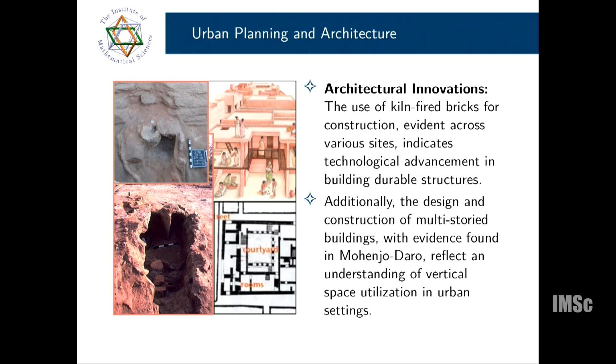So we have even found kilns, pots, and fired bricks, which shows that they might have been aware of how to build durable structures. Because people have found sun-baked bricks, but most of the bricks are fired bricks.